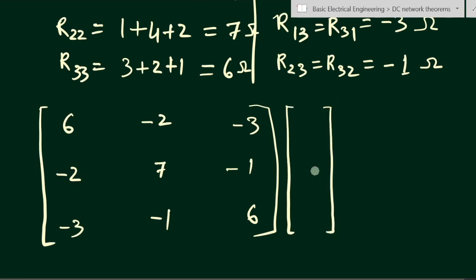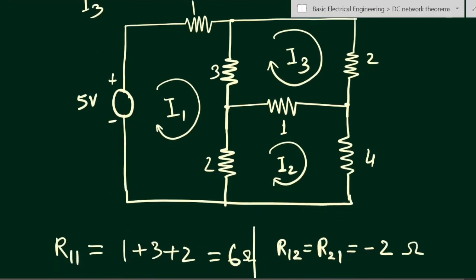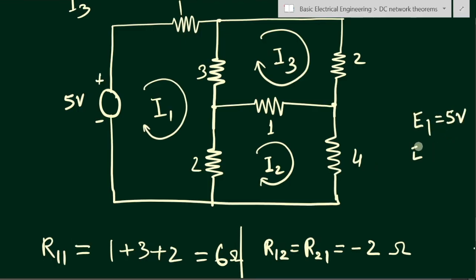So here we'll have the three currents I1, I2, I3. For the first loop we have a 5 volt EMF source. For the second loop and the third loop we do not have any voltage source, so E2 will be equal to 0 and E3 will be equal to 0. So for this we have E1 equal to 5 volt, E2 equal to 0 volt, E3 equal to 0 volt.